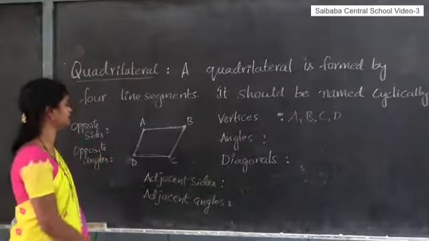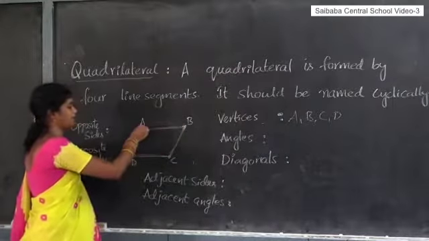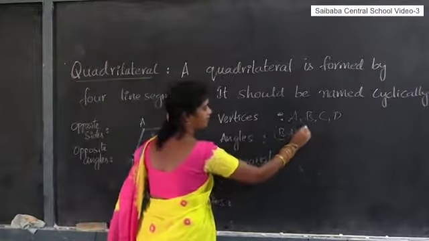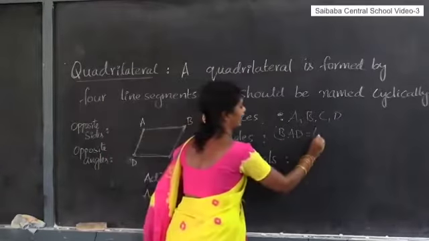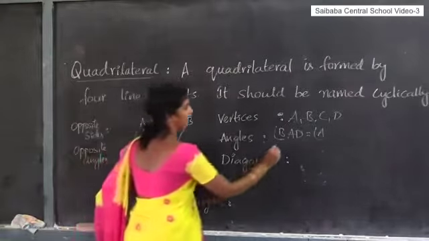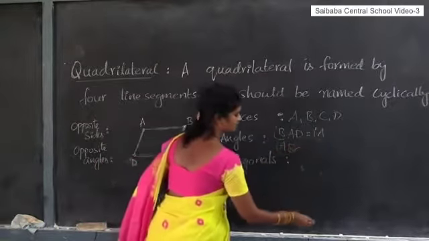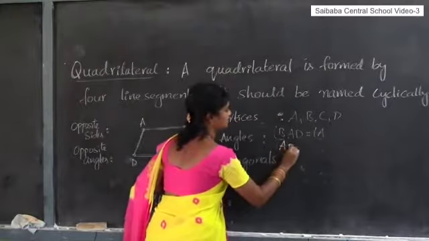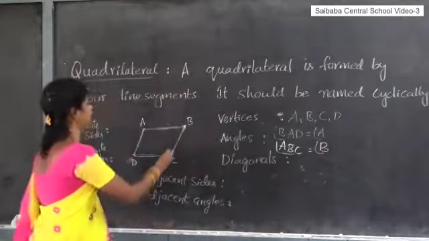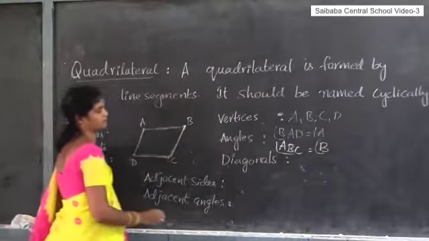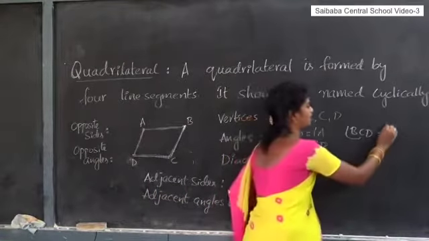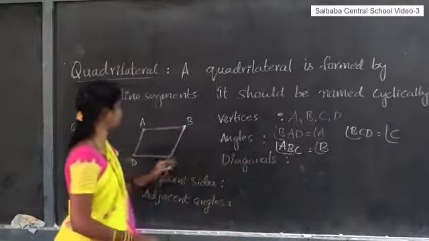And what are the angles? If you take BAD, angle BAD, or simply we can write it as angle A. Next one, ABC, angle ABC, we can write it as angle B. One more, BCD, angle BCD, we can write it as angle C. What is the fourth one?